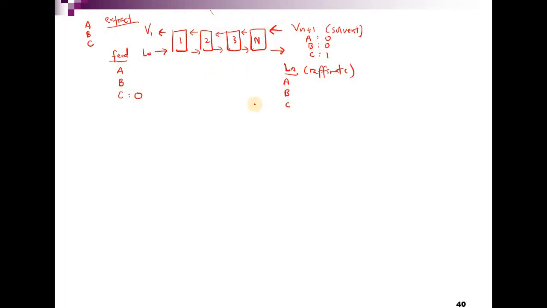Immiscible means it cannot mix. If it is partially immiscible, it means half of the solvent can mix with the feed. Let's say I mix the solvent with the feed.